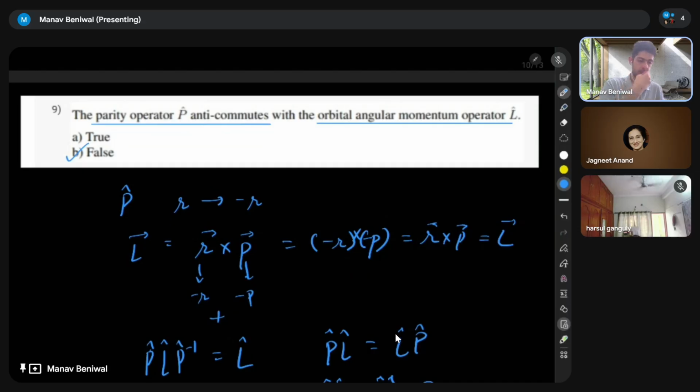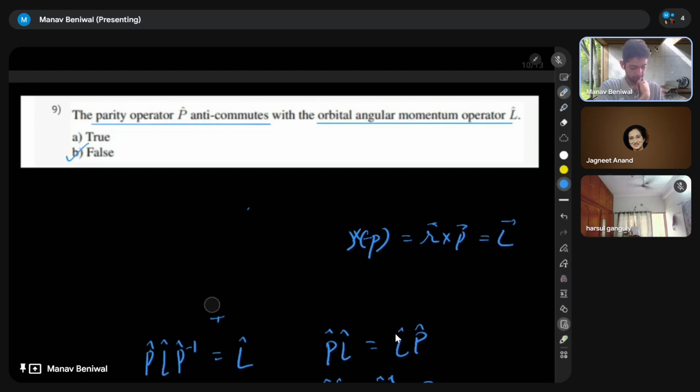Since you brought it up, let's also check, instead of the parity operator, the time reversal operator. Will it commute or not? We can check.